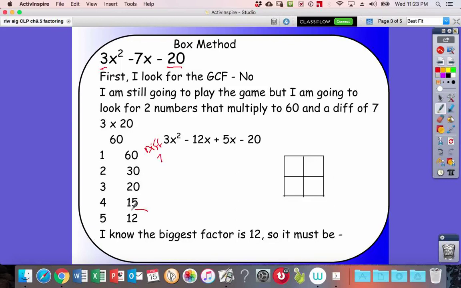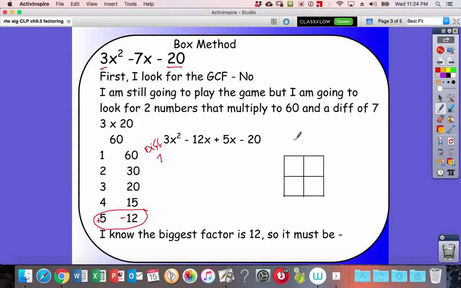I get really excited when I find this guy. I know that when this is a negative, one's got to be a plus and a minus. The biggest factor gets the first sign. So I'm going to combine negative 12x and a positive 5x to get that negative 7x.